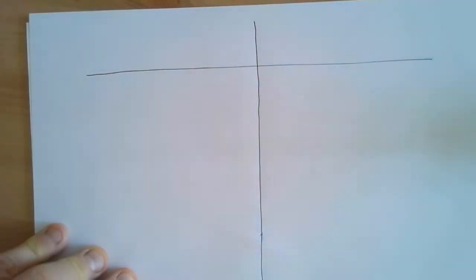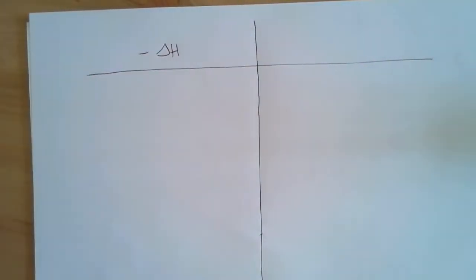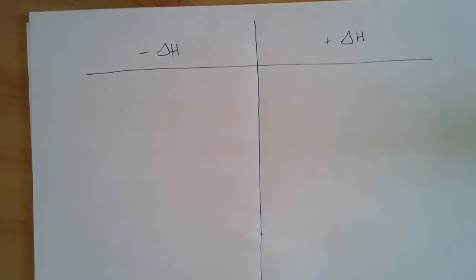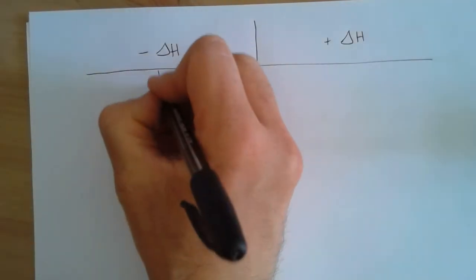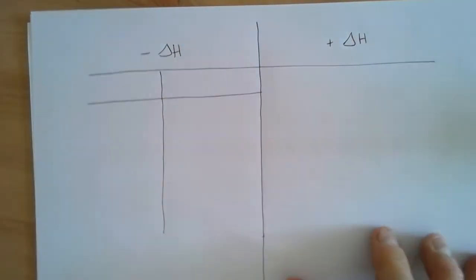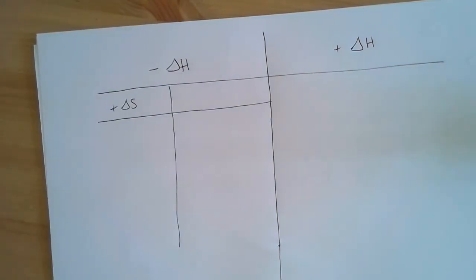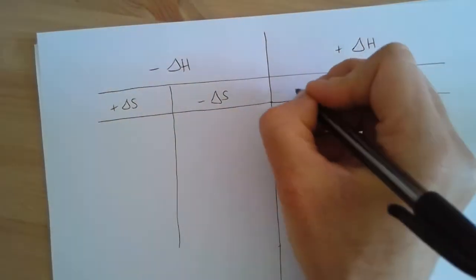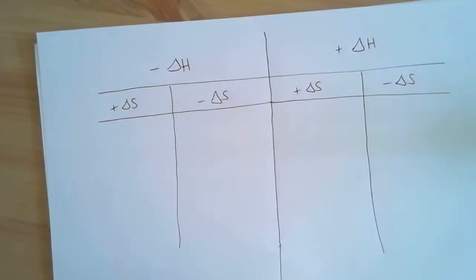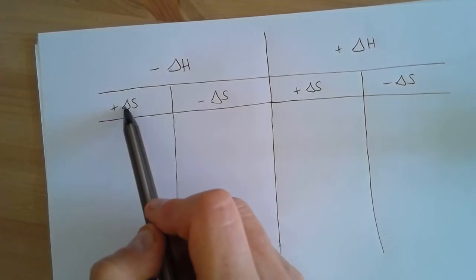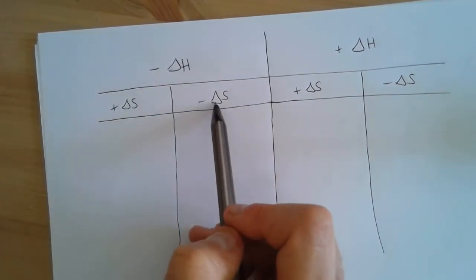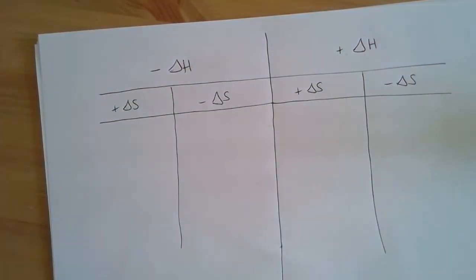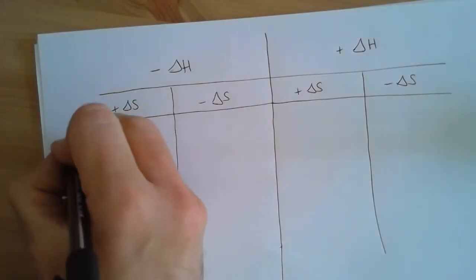A reaction can be exothermic, in which case it will have a negative delta H, or it can be endothermic, in which case it will have a positive delta H. For each of these reactions, there is also a reaction that increases entropy, plus delta S, or decreases entropy, minus delta S. So our 4 types of reactions: exothermic with an increase in entropy, exothermic with a decrease in entropy, endothermic with an increase in entropy, endothermic with a decrease in entropy. Let's have a look at what happens to each equation.